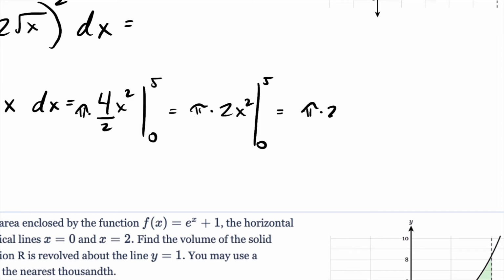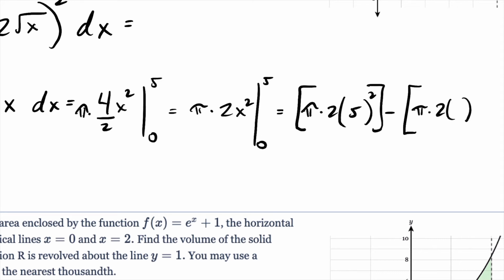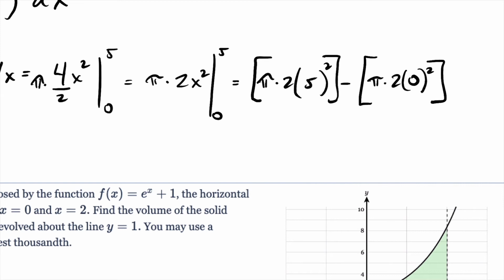So 5 squared is 25 times 2 is 50 pi. And since you're multiplying by 0 in the other one, everything is just going to be 0. So you get 50 pi.